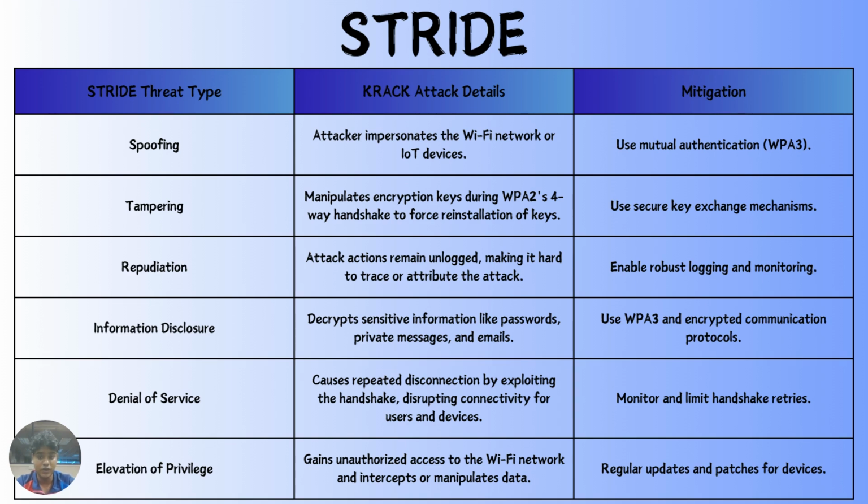You can use a secure key exchange mechanism to mitigate. They also gain unauthorized access to the Wi-Fi network and intercept or manipulate data. By regularly updating your devices and patching, it helps to mitigate unauthorized access to your Wi-Fi network.